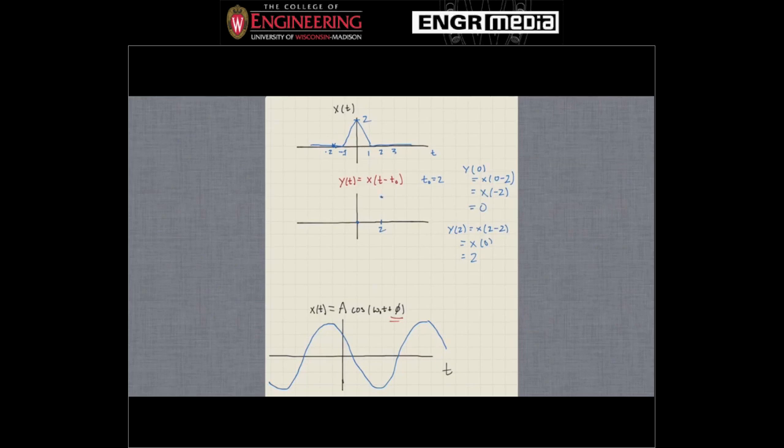And it's pretty easy to continue in this manner. We could look at y of 1, and we'd see that equals x of minus 1. Could look at y of 1.5, which of course is going to be equal to x of 0.5, right?